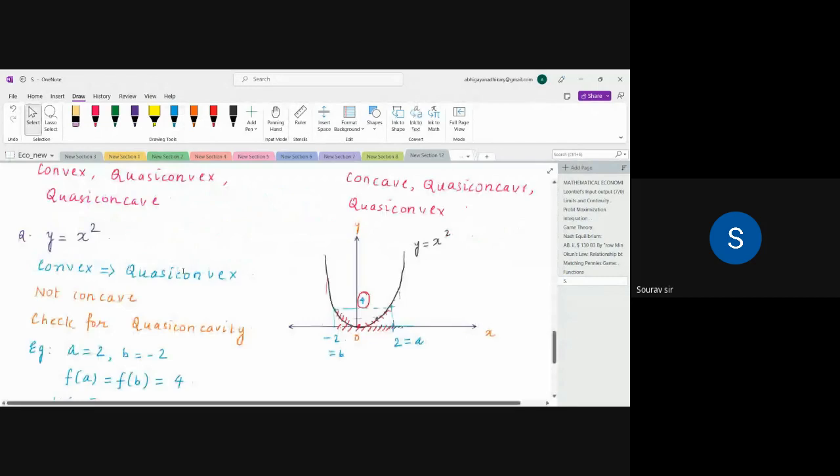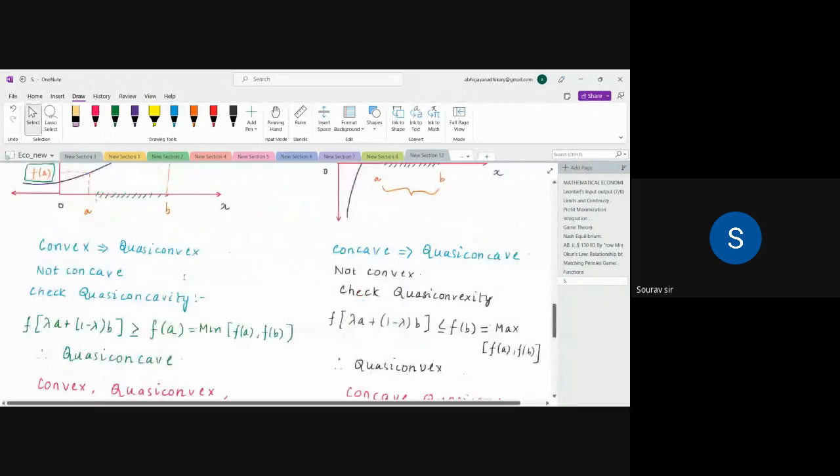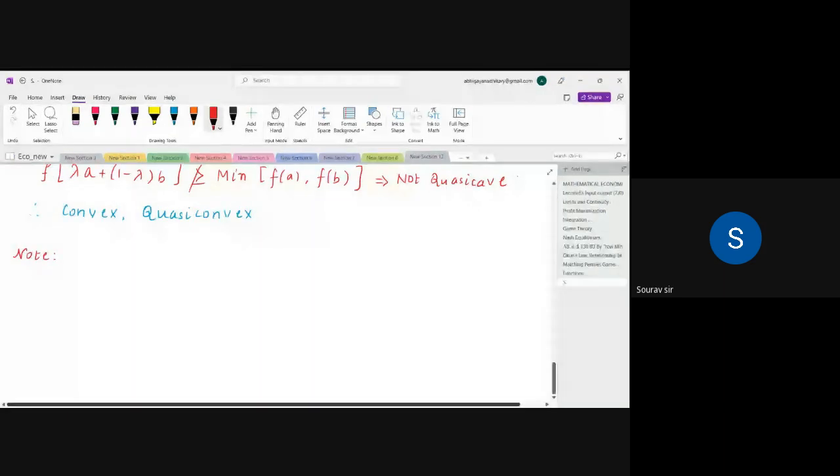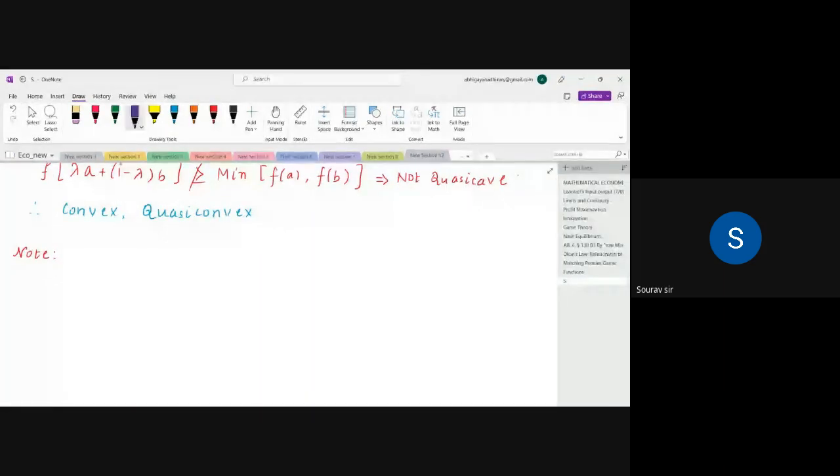So from these examples that I took, we have a very generic result that I wanted to share with you all. Are you all aware of this concept of monotone functions, or let's say monotone increasing and monotone decreasing functions? Can all of you please confirm if you're aware of this?